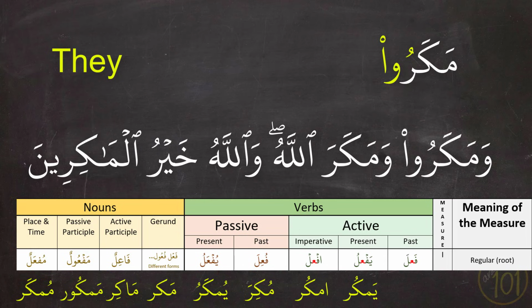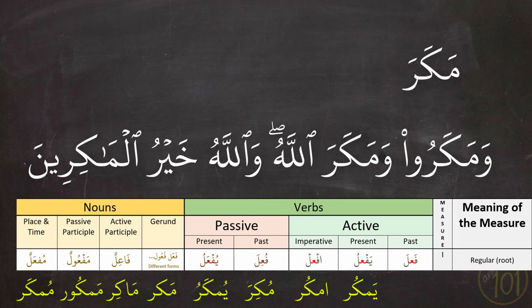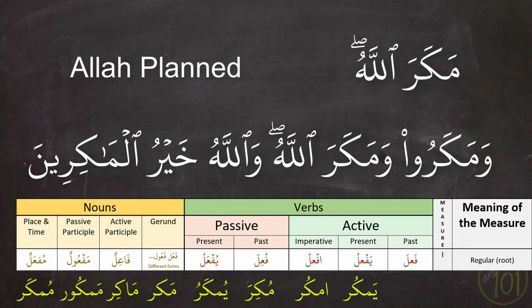So makaru means they planned. Makara is a past verb in the third person form because it is followed by the word that did the verb, that is Allah. So makar Allah means Allah planned.